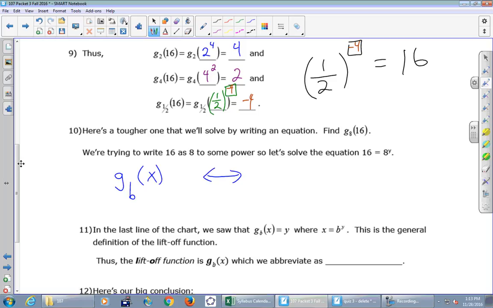Okay, what that means is that I'm trying to write x as what to the what? As what number? Or what? As b to something. That's what I'm after. If I could somehow rewrite this x as being b raised to some power.